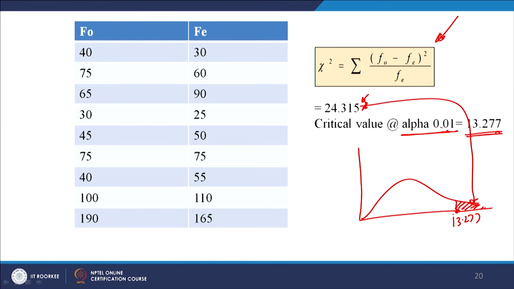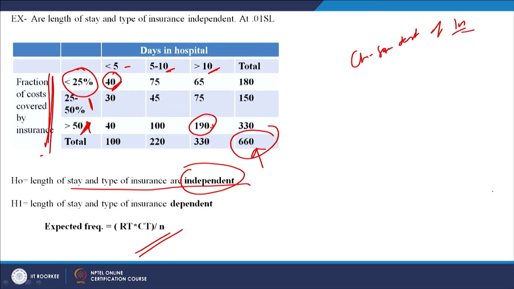So, we will reject the null hypothesis, is not it? It means length of stay and type of insurance are related with each other, they are dependent on each other, right. So, let us solve this question using Minitab. We will solve this question and then we will wind up today's session.